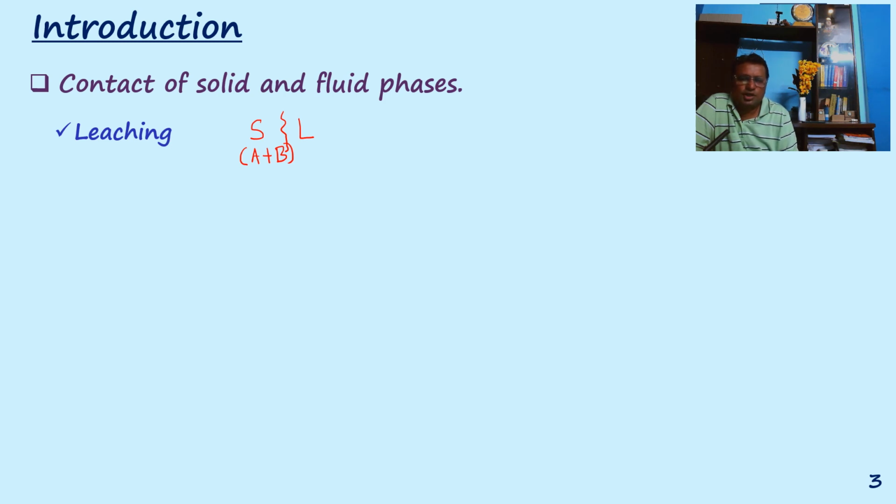Then what is done? The solid mixture is contacted with the liquid phase. The liquid used in this operation we call the solvent. Now the selected liquid is such that it will preferentially dissolve A, rather than dissolving B. That means the majority of A will be diffusing through this solid phase and getting dissolved into the solvent, or the solvent may be going to the sites where A is available.